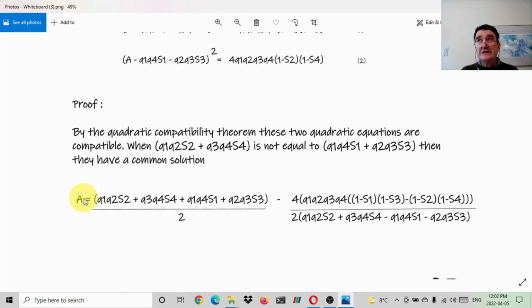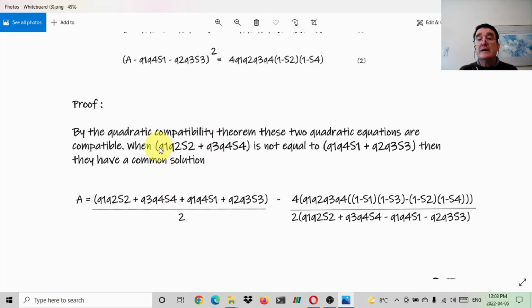The quadrea A of the projective quadrangle is (Q1 Q2 S2 + Q3 Q4 S4 + Q1 Q4 S1 + Q2 Q3 S3)/2 minus 4 Q1 Q2 Q3 Q4 ((1 − S1)(1 − S3) − (1 − S2)(1 − S4)), all over 2 times (Q1 Q2 S2 + Q3 Q4 S4 − Q1 Q4 S1 − Q2 Q3 S3).